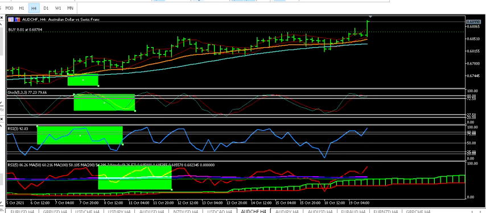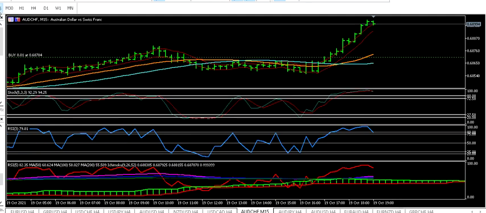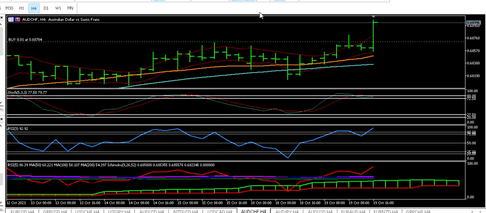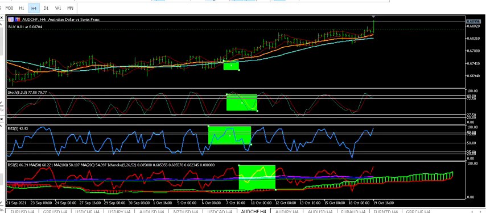As you can see, I bought around here, and price is still going up. This is the 4-hour time frame. If we change it to the 15-minute time frame, we get something like this, but for the purpose of this strategy, we use the 4-hour time frame.